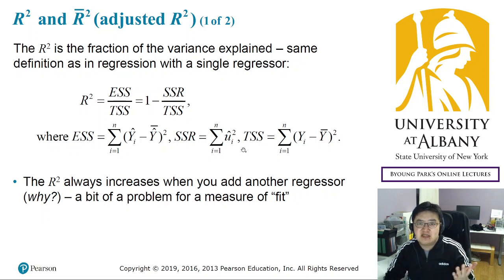So residual is the unexplained part. So this captures the unexplained amount, and explained sum of squares. Explained sum of squares uses predicted y. So using your prediction, calculate how much variation you can have in your prediction. So this captures how much you explained the outcome by the model.